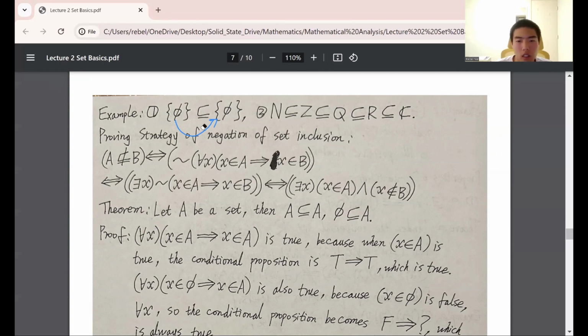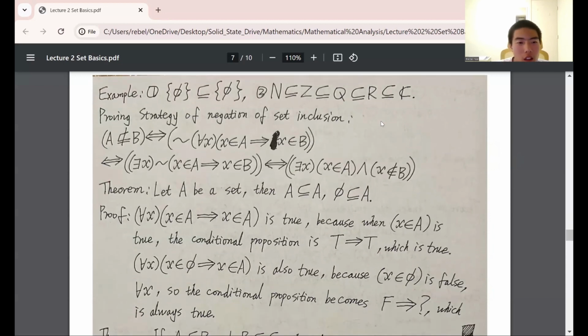Another example is from the definition before. Natural numbers are a subset of integers, which are a subset of rational numbers, which are a subset of real numbers, which are a subset of complex numbers. This is the set inclusion of the very famous sets of numbers in math.